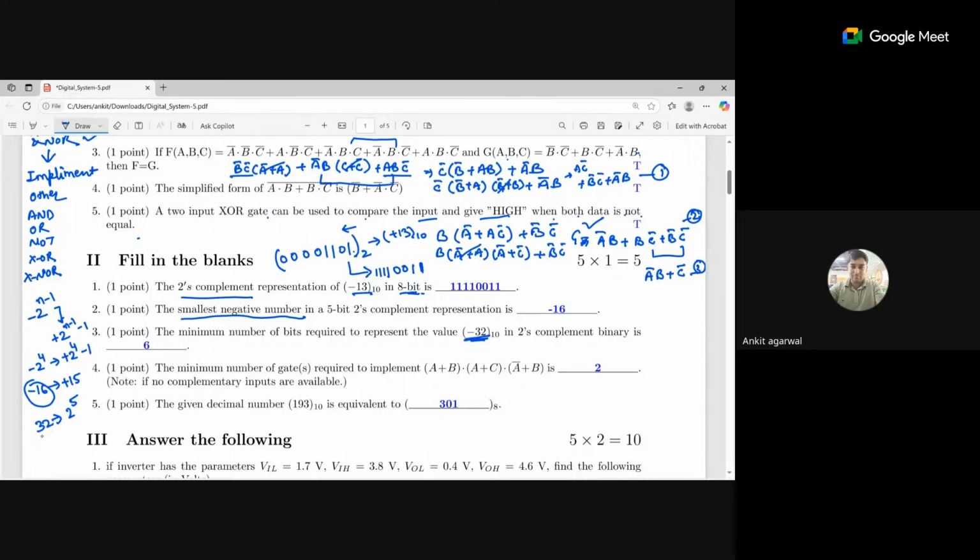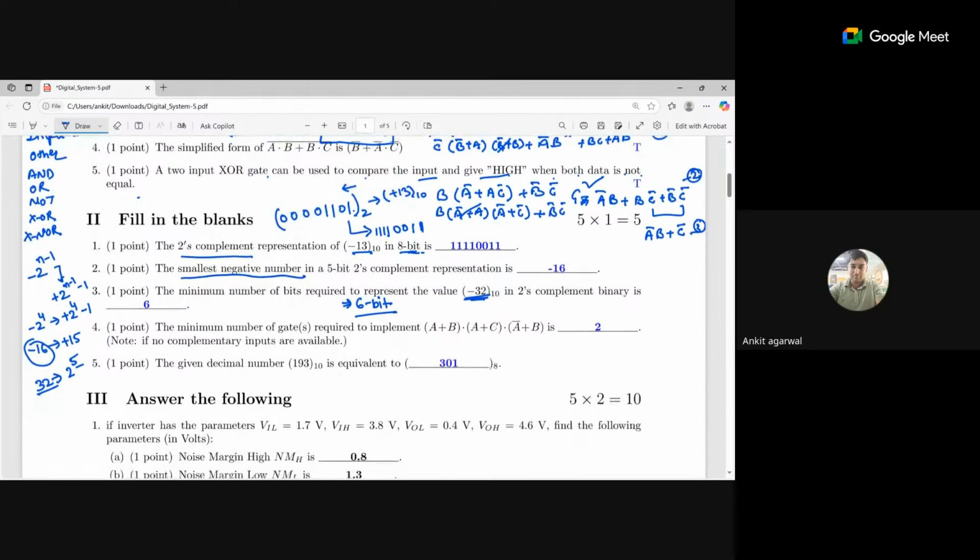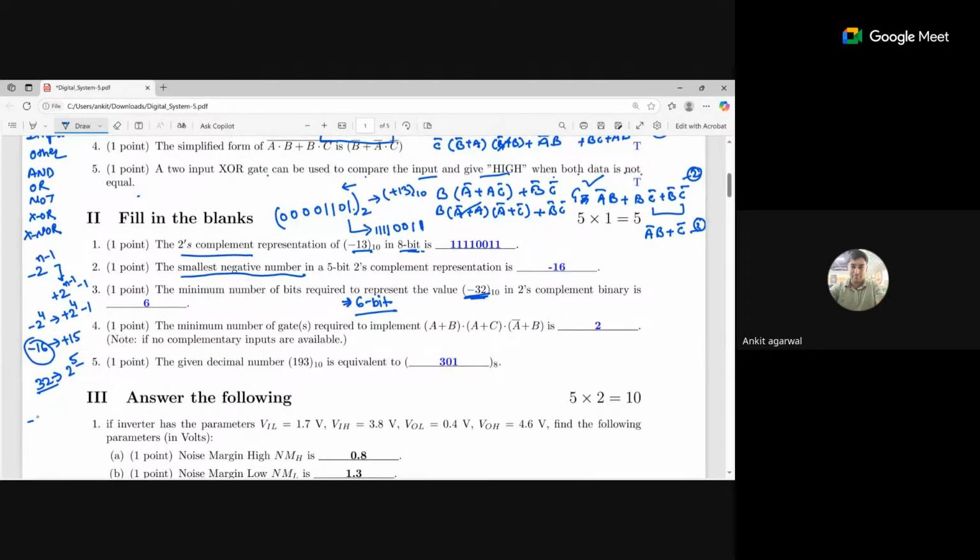So if 32 requires 5 bits, minus 32 will require 6 bits. Okay, similarly minus 17, how many bits are required? 5 bits, yeah.